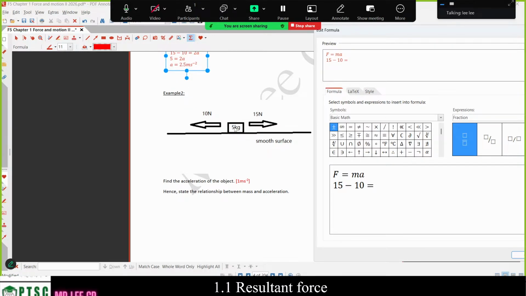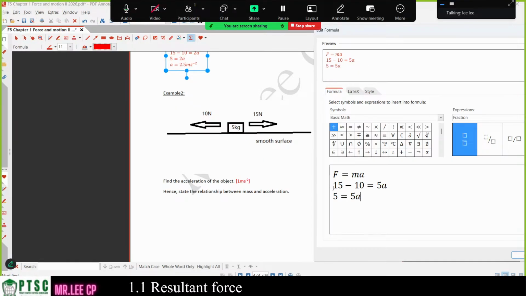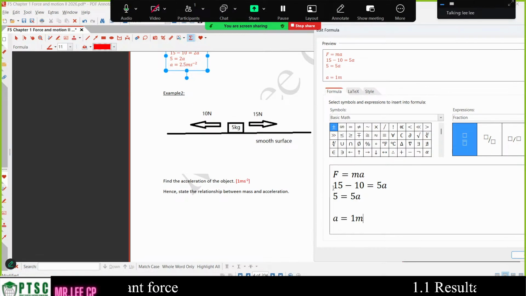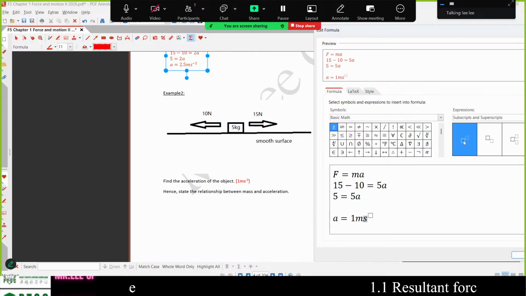M is 5, so 15 minus 10, which is 5, is equal to 5a. So a is 5 divided by 5, which is 1 ms^-2. Is that okay?